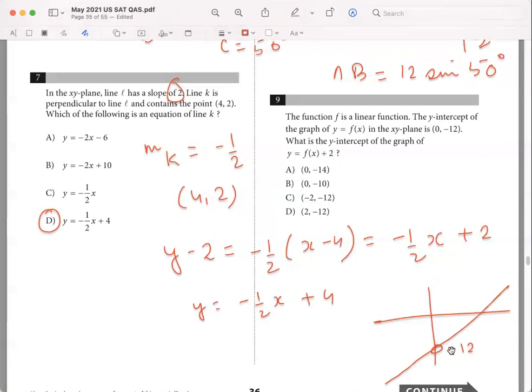Then y equals f of x plus 2 will be 2 units up, right? It will go through this point, and this point will obviously be minus 10. So the y-intercept of f of x plus 2 will be 0, negative 10, option B.